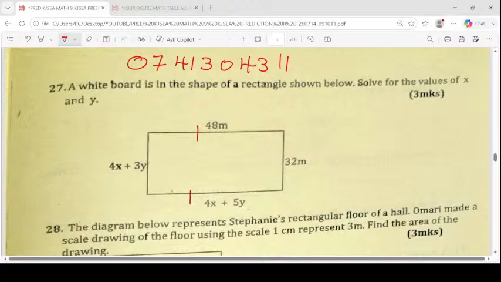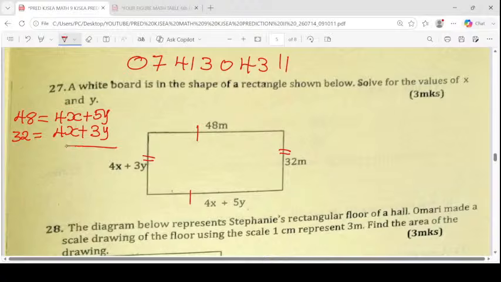If the other side is 48, then this 48 should be equal to the measure of this side, which is 4x plus 5y. In this other context, this width should be equivalent to this width. If this is 32, this 32 should be equivalent to 4x plus 3y. So to get the values of x and y, we can solve these equations simultaneously.